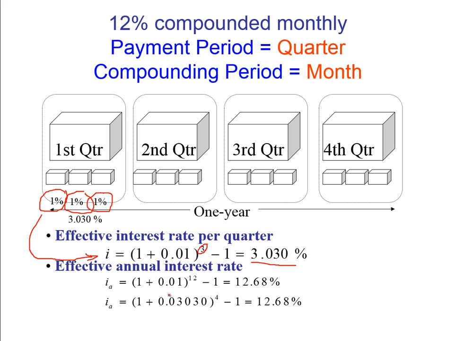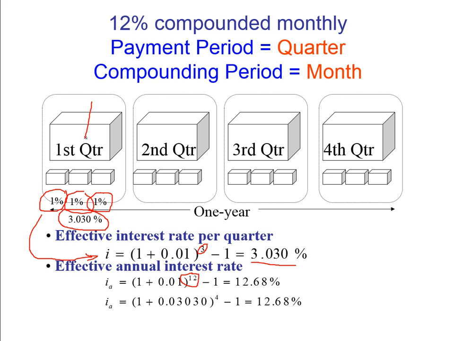How about the effective annual interest rate? If we look at the 12 months, then it will be 12.68% and not 12%. Now if we look at it from a different point of view, we calculated that in quarters, so I have 3.03% per quarter.